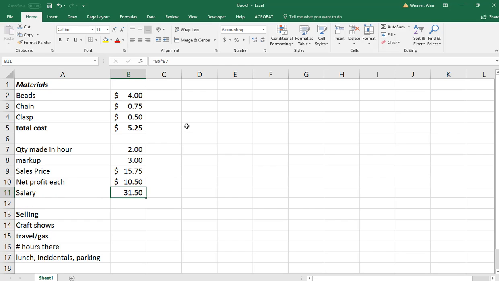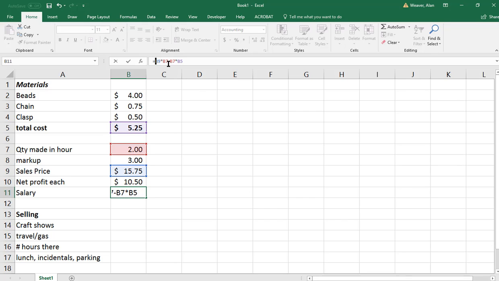I'm going through this step by step. And then I have to subtract the materials, minus the 2 made in the hour times the 5 1/4.